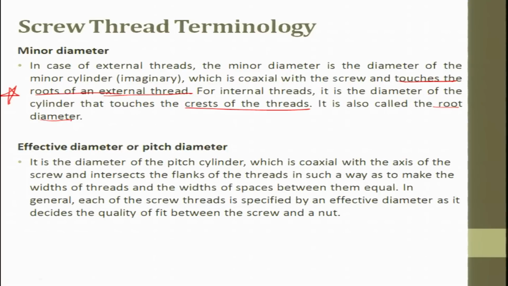Effective diameter or the pitch diameter is the diameter of a pitch cylinder which is coaxial with the axis of the screw and intersects the flank of a thread in such a way as to make the width of the thread and the width of the space between them equal. In general, each screw thread is specified by an effective diameter or a pitch diameter, as it decides the quality of the fit between the screw and the nut.